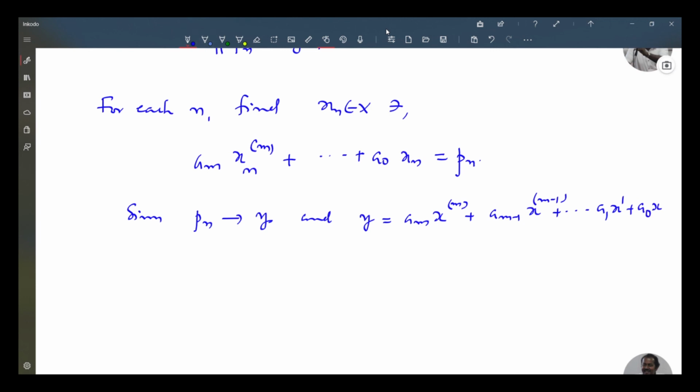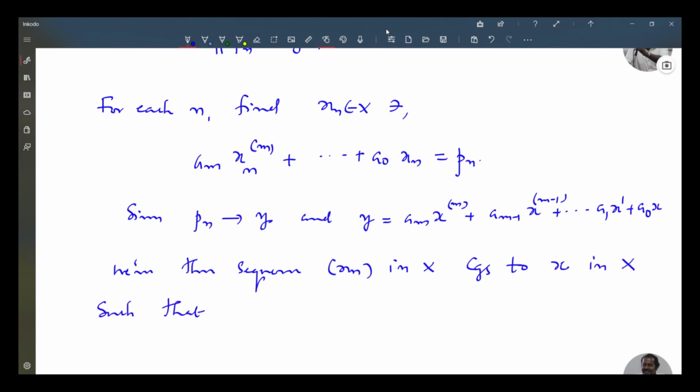we have the sequence x_n in X converges to x in X such that a_m times the mth derivative of x plus etc. plus a_0 x equal to y.